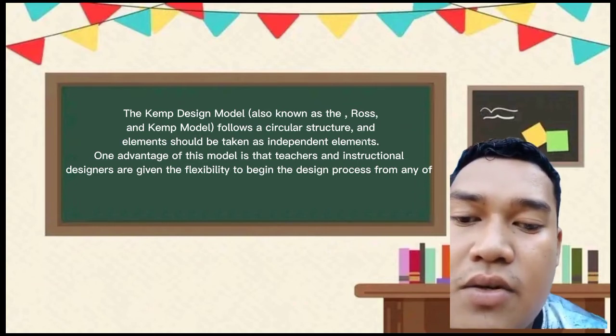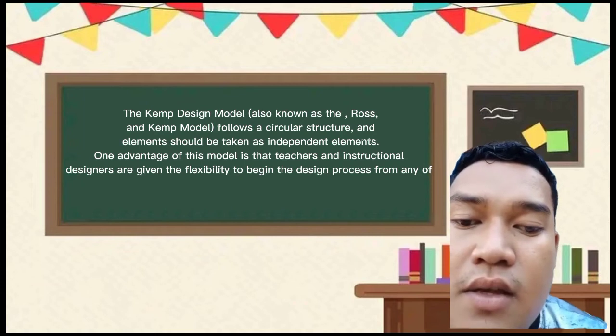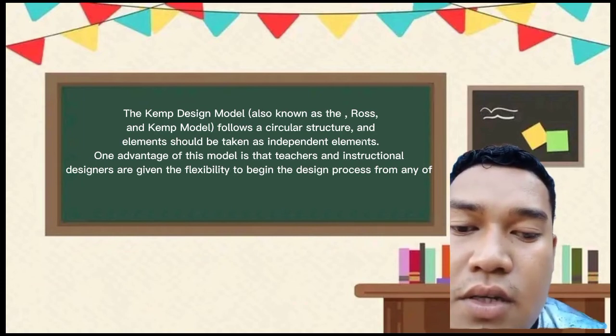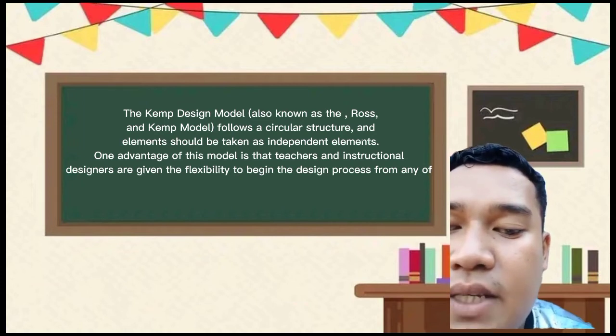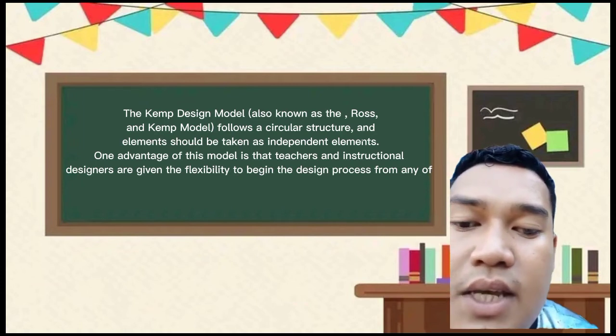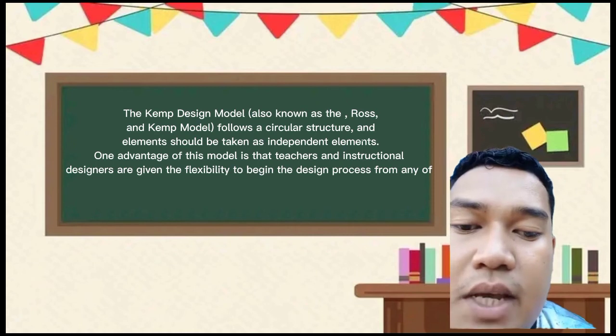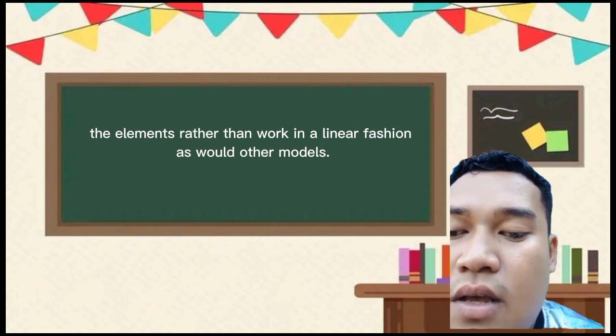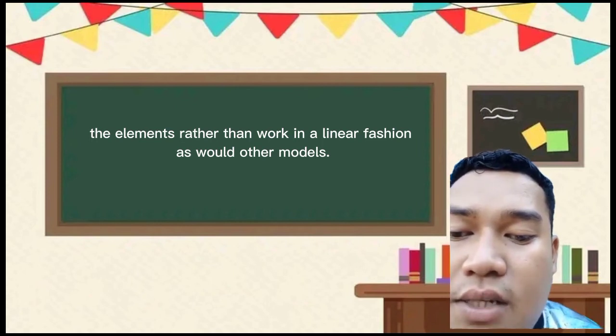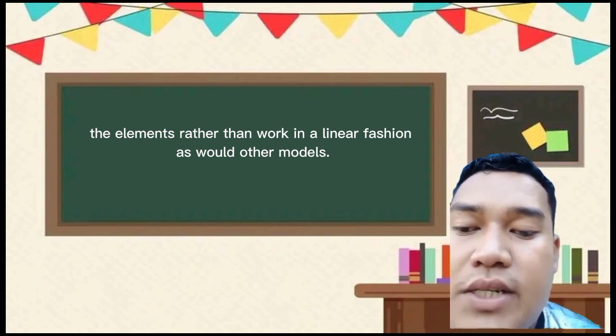One advantage of this model is that teachers and instructional designers are given the flexibility to begin the design process from any of the elements rather than work in a linear fashion as with other models.